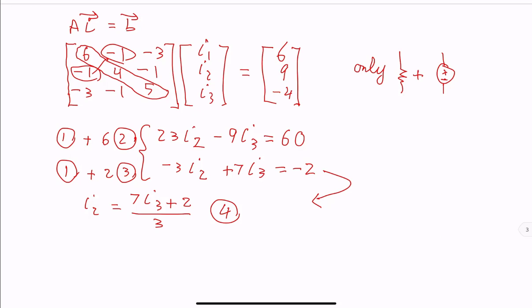So we get 23I2 minus 9I3 equal to 60. One unknown, just solve that and we find I3 equal to 1 amp.